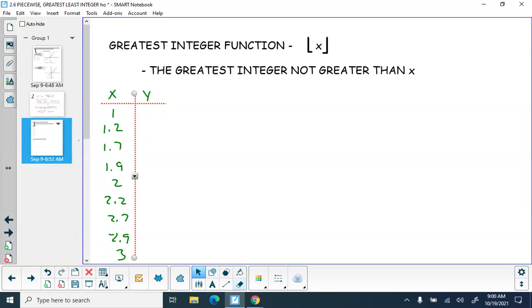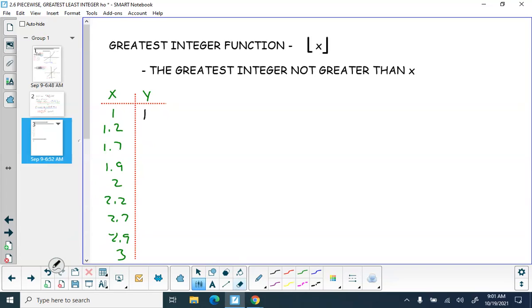What is the greatest integer not greater than 1? Jack, what do you think? 1. Is 1 greater than 1? No, it's equal to.